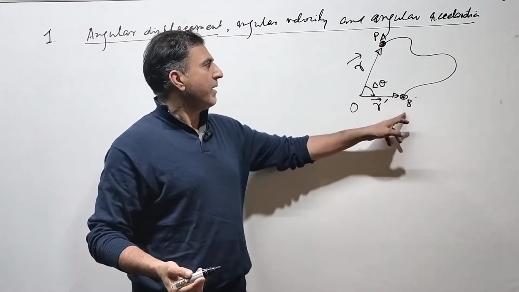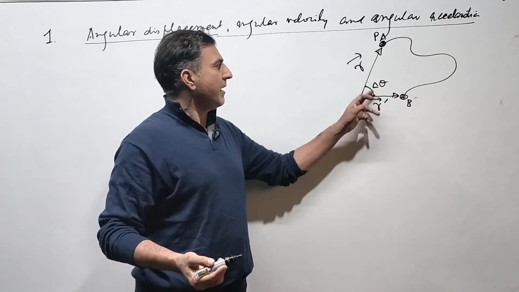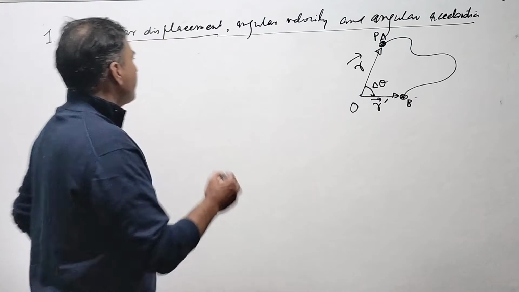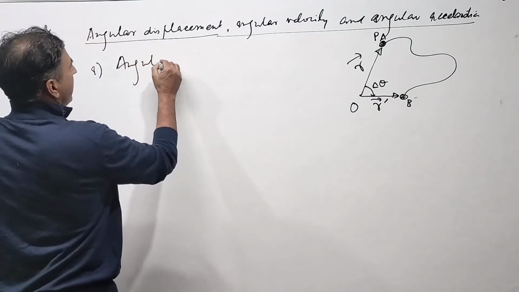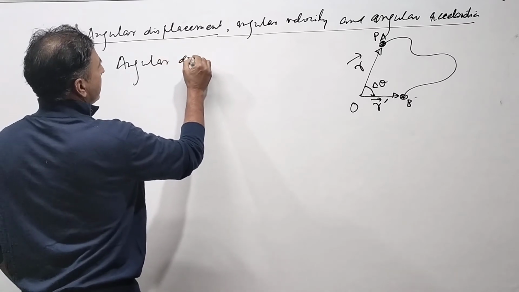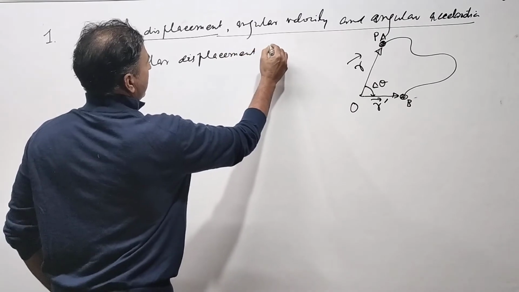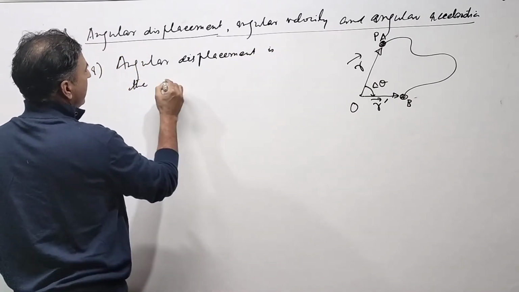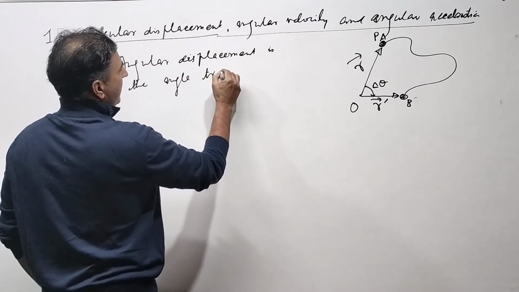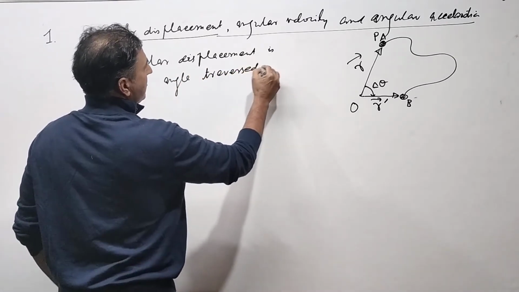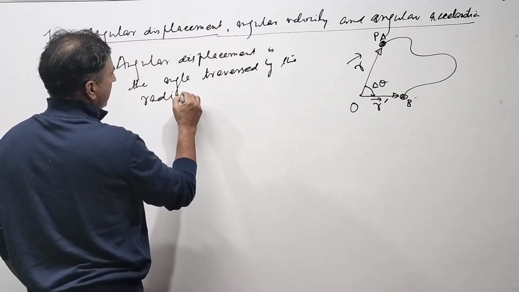पार्टिकल यहाँ है और यहाँ आ गया, तो जब पार्टिकल यहाँ पहुंचा तो इसके रेडियस वेक्टर ने इतना एंगल कट किया. So angular displacement is the angle traversed by the radius vector.